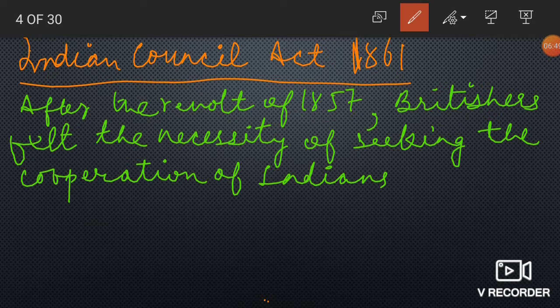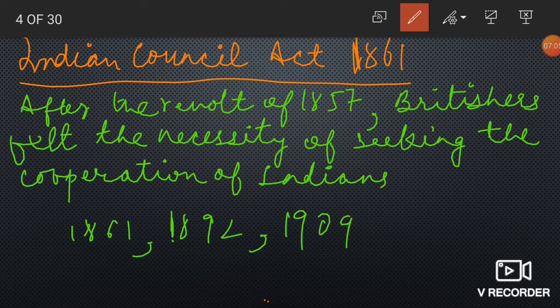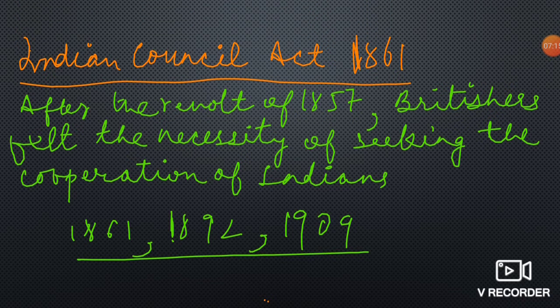So they passed some acts in 1861, in 1892, and in 1909, which is known as the Morley-Minto reforms, and we will be discussing that reform later in this video. So these were the acts, and now we will be discussing the features of the Act of 1861.